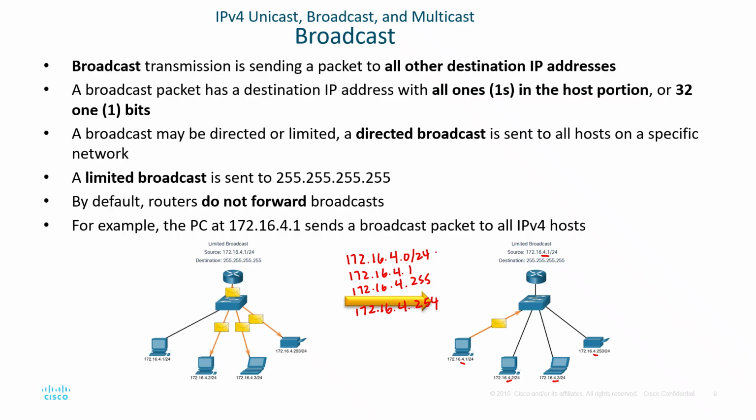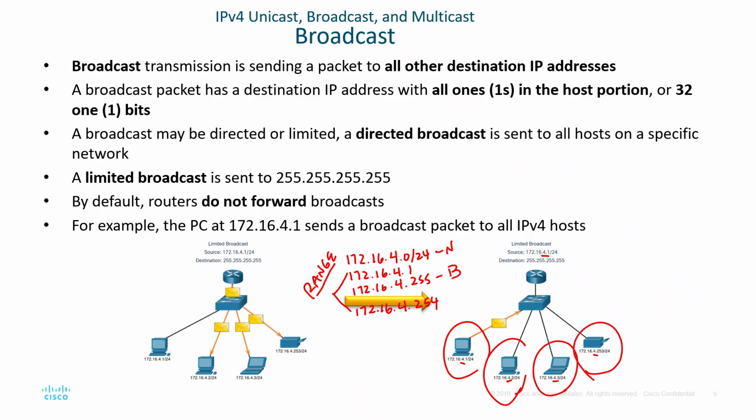So they're all /24. So network, broadcast, 1 to 254, range of addresses. But when I'm going to send a broadcast, it goes to everyone in the network. Oops, I'm sorry. This guy's the source.